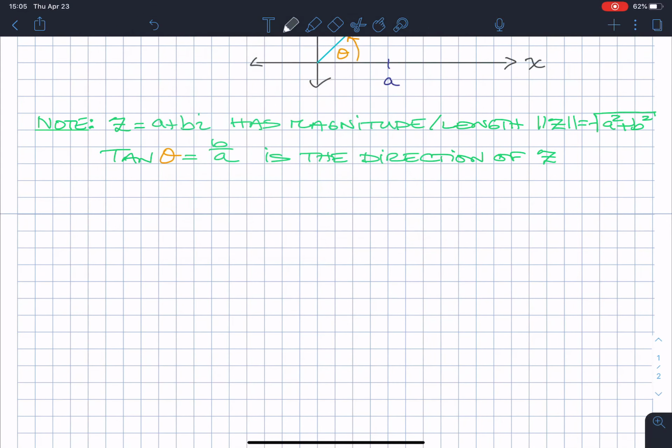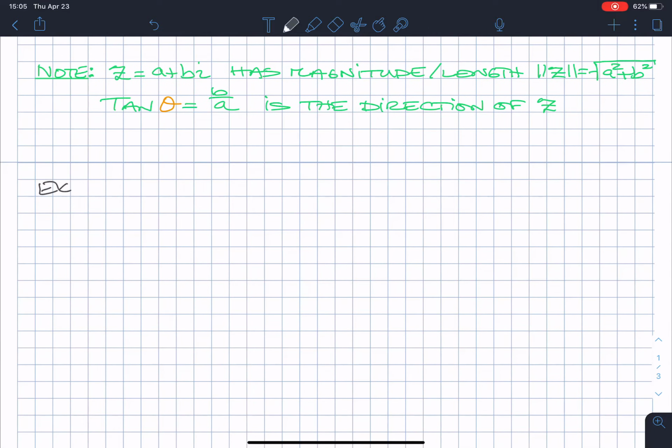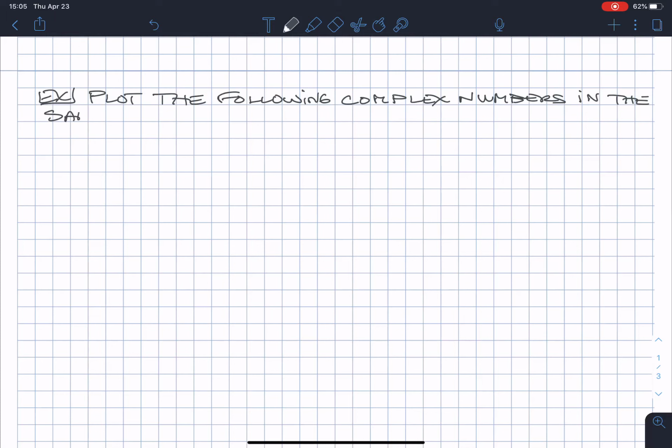So for example, let's plot the following complex numbers in the same plane. Number one, let's say I have z1 is equal to 3 plus 4i.